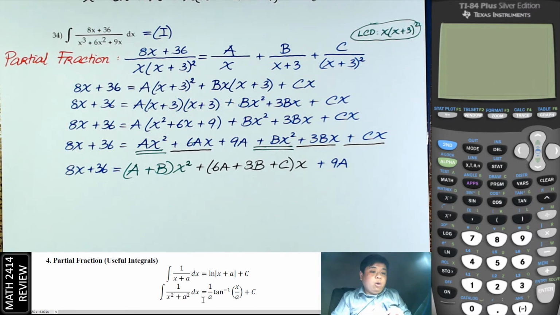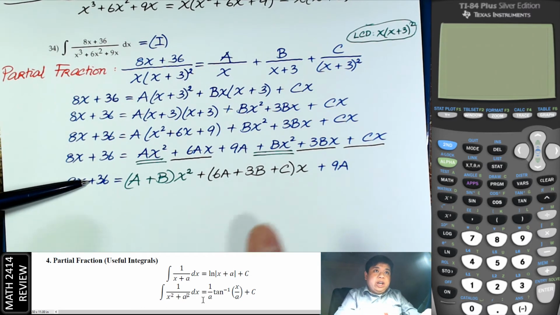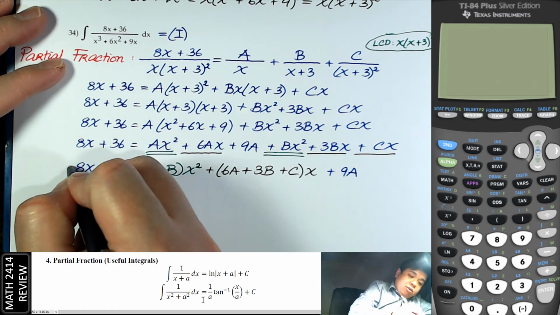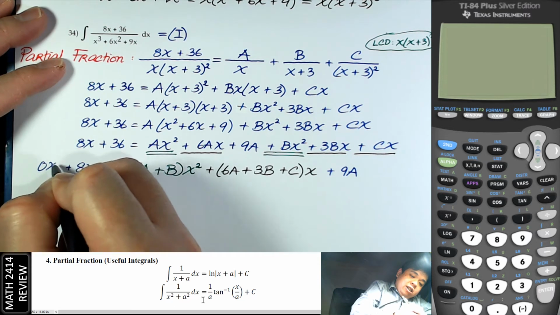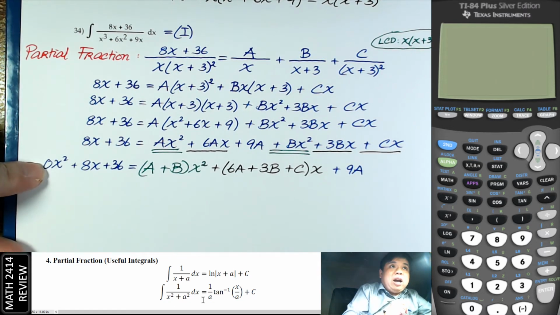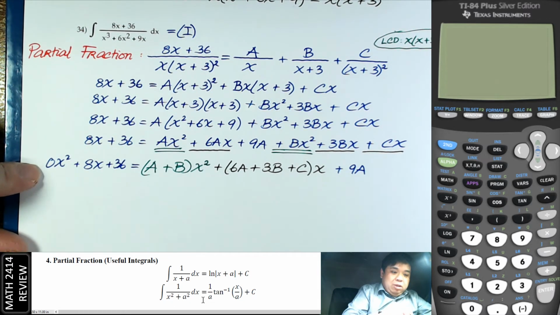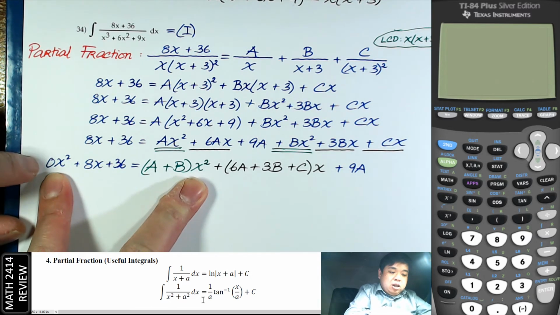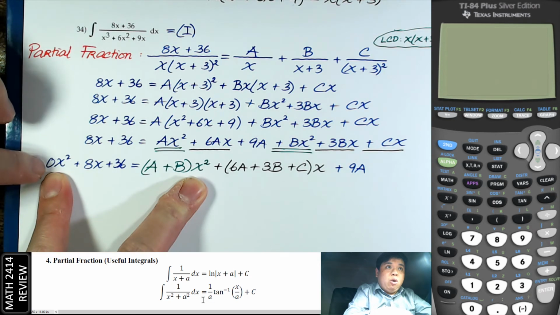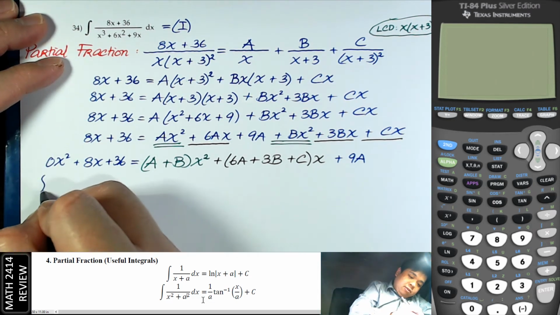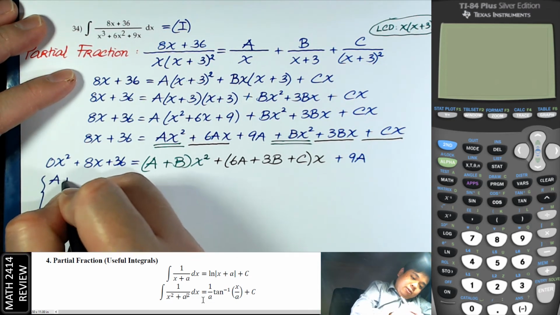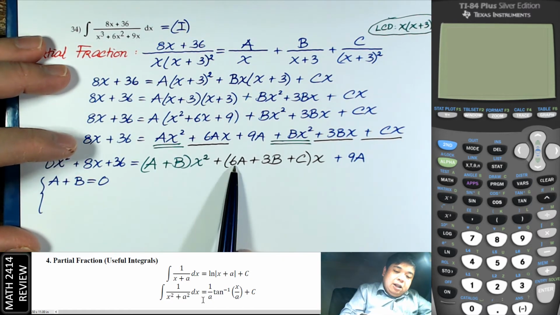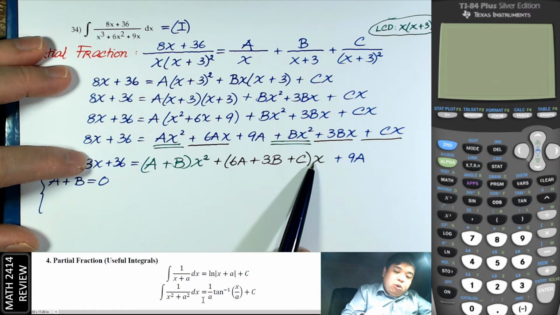Now, matching the coefficients. This polynomial equals that polynomial only if the coefficients are the same. So here I can make it 0x squared because there's no x squared here. So the x squared must match with the x squared. So a plus b, the coefficient, must match with the coefficient of 0. And the coefficient of x must match the coefficient of x.